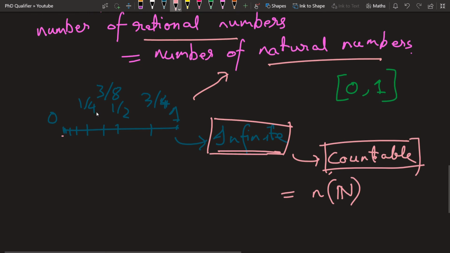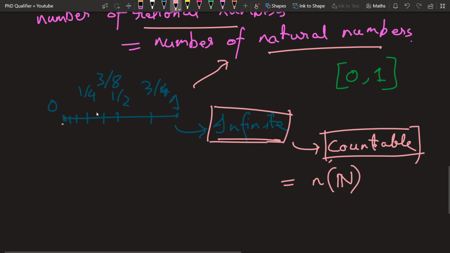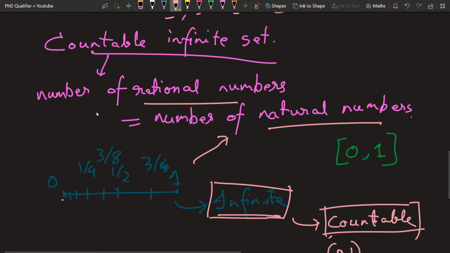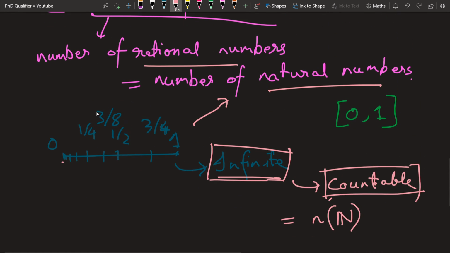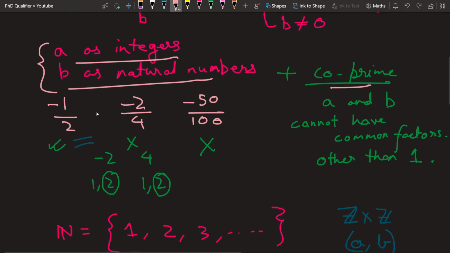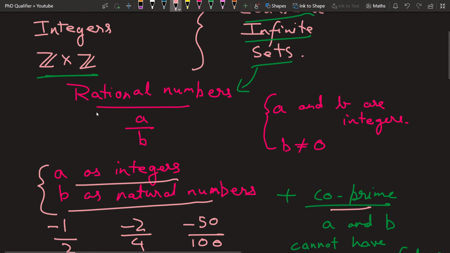Okay, but still we have other numbers which are not rational, because they do not fall under this definition of rational numbers.